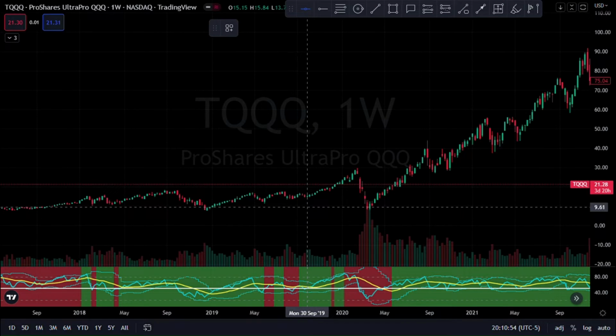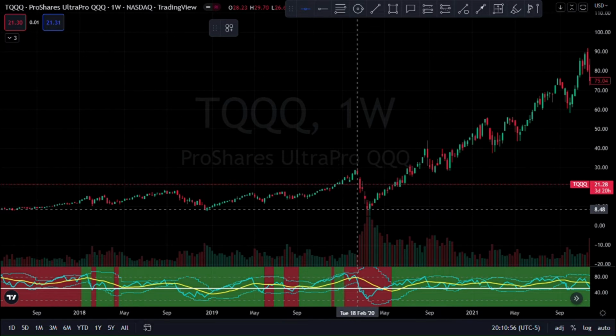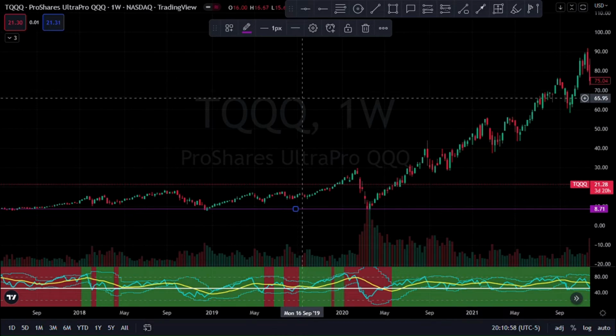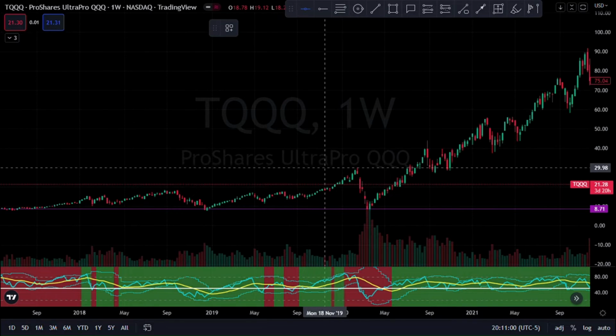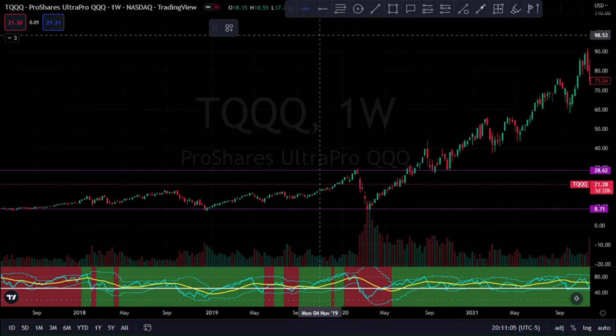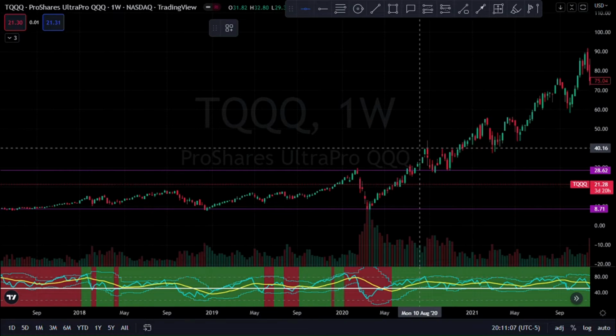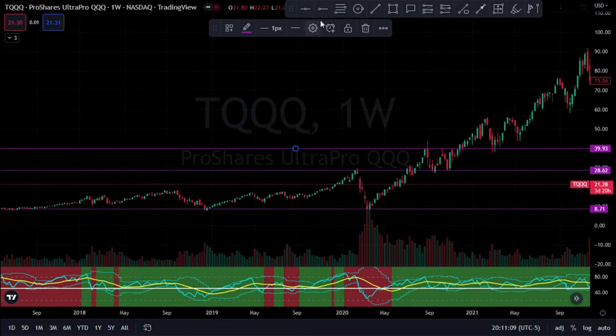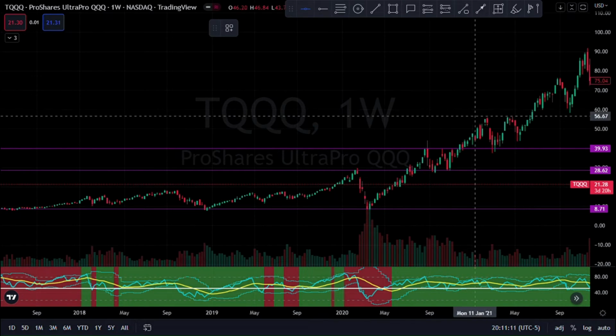Look to the left. If you look to the left, you'll see areas that you will mark up for support and resistance. And if you notice, I'm putting my cursor next to everywhere I see areas of major support and resistance.